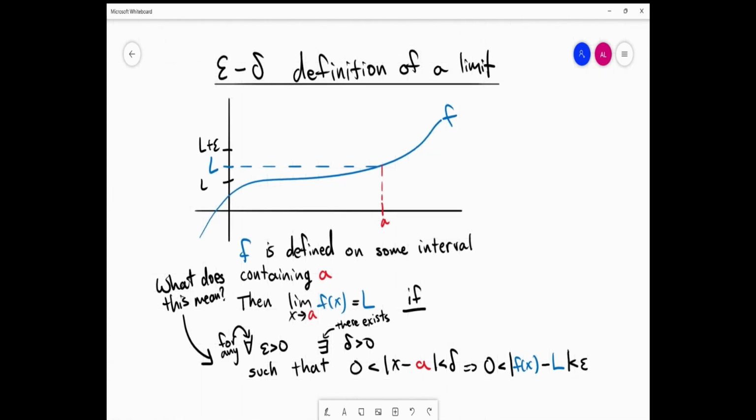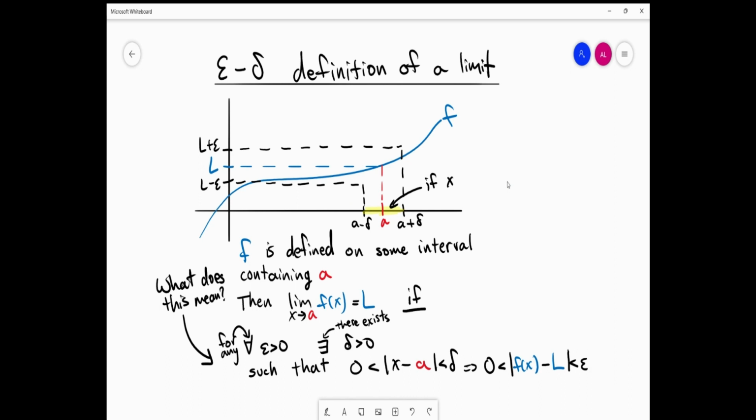So graphically, what does this mean? Well, basically we have this interval from L minus epsilon to L plus epsilon. And we'll mark it by these dashed lines here. And we also have this a minus delta to a plus delta, marked by these dashed lines here.